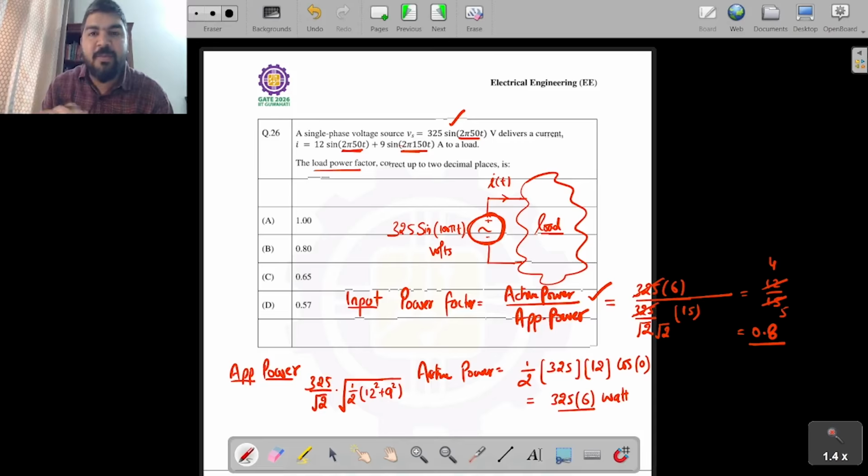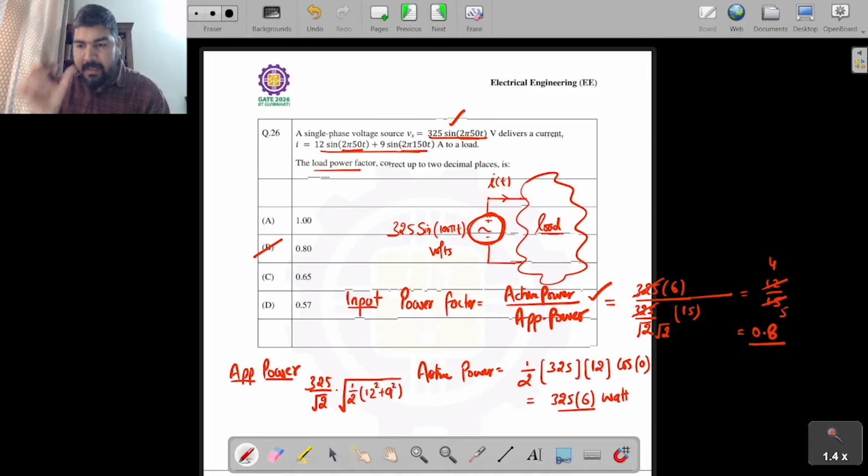Circuit is not provided, so we are assuming that the load is directly connected to the source, and this current is the load current, and this voltage is the voltage across the load. Then only we can solve this, and in that situation the load power factor will be same as the input power factor. Okay, answer is Bombay.